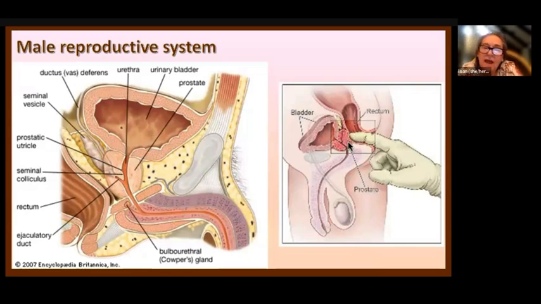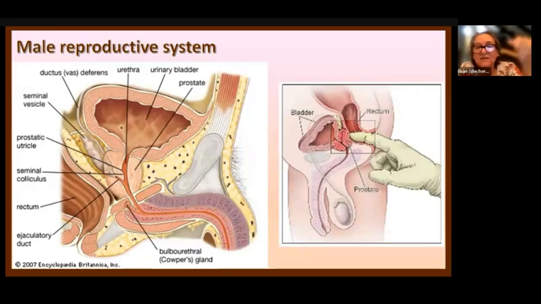This is how a doctor does a rectal exam to determine whether or not the prostate is enlarged. Usually men are often very uncomfortable getting this prostate exam, but again, it is important to make sure that the prostate is functioning properly and that you don't have cancer or something like that.